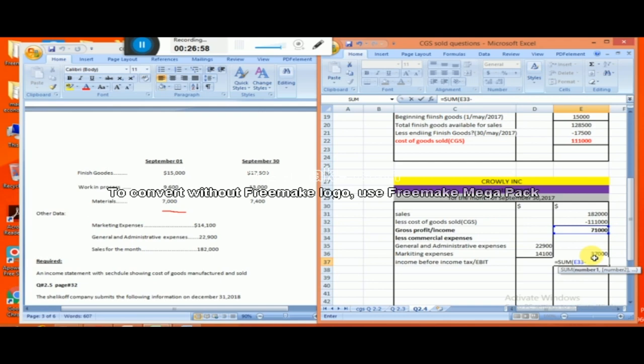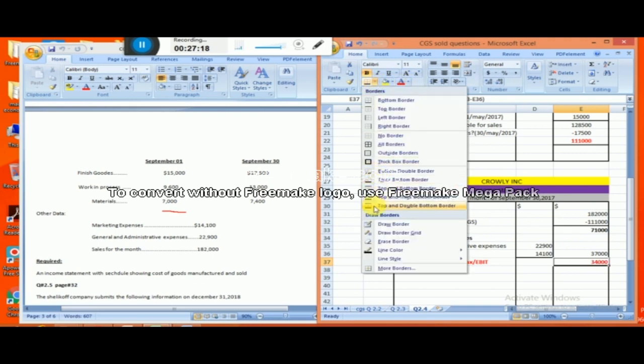Now the 34,000 is our income before taxes. As taxes are not given, this is our answer.